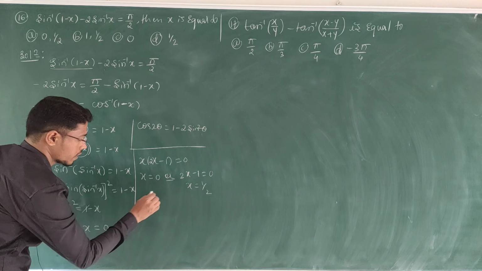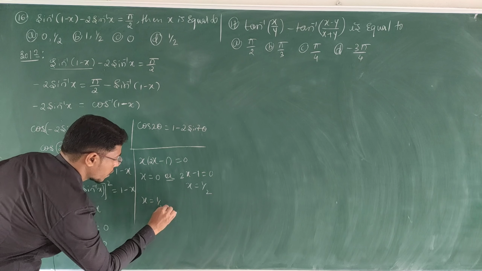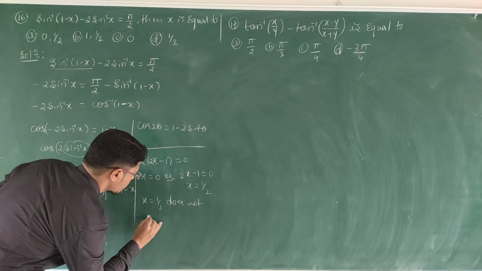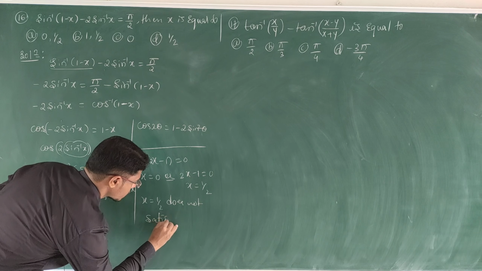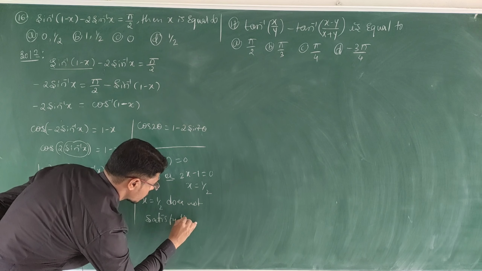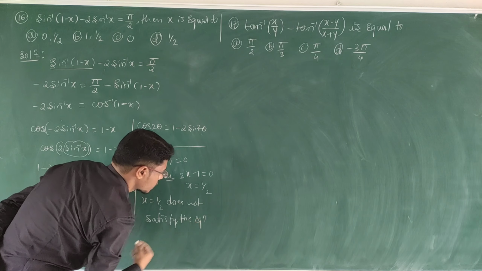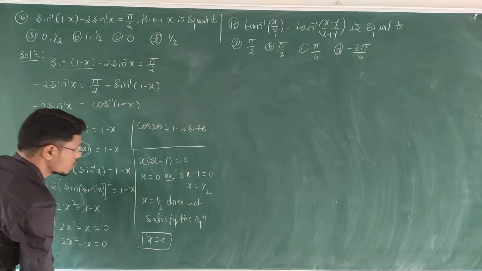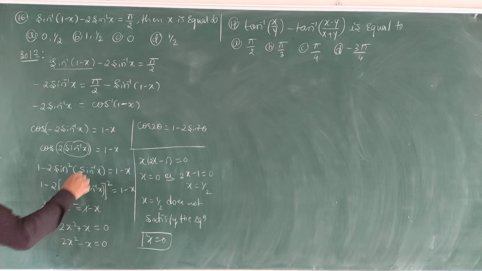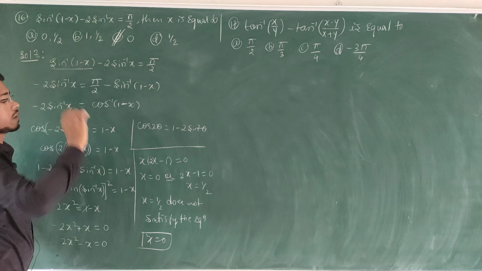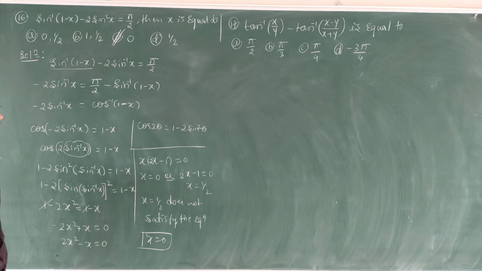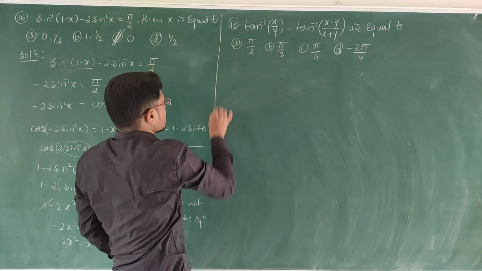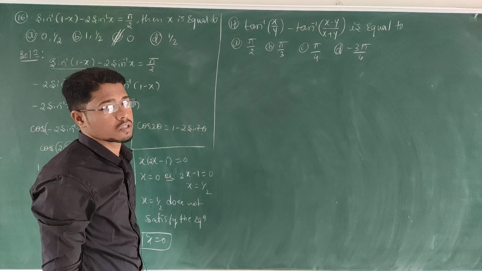Here x equal to 1 by 2 does not satisfy the equation, so the answer is x equal to 0. So x equal to 0, option C is the right one; x equal to 1 by 2 does not satisfy the equation.